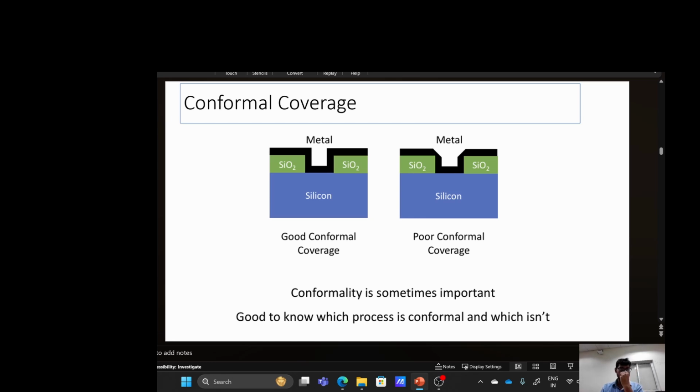And now the conformal coverage. So in conformal coverage, you have this silicon and you already have SiO2. Now you want to deposit a metal over the SiO2. This is a step coverage kind of thing. If this metal is covering everything, following the same step, the same morphology which is underneath, then this is a conformal coating.